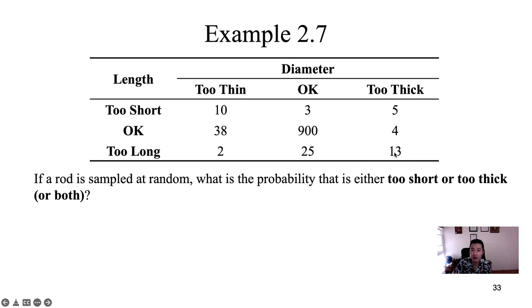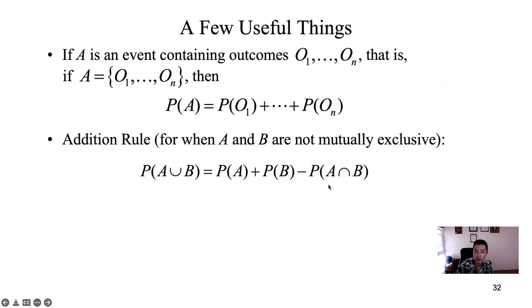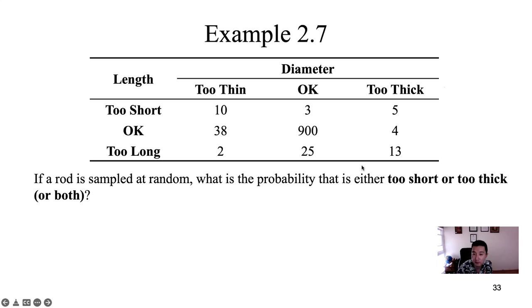And we can see these two events have an intersection. When this 5 occurs, both the event too short and the event too thick occur. So if we want to use the equation from the previous slide, we need to subtract the intersection of these two events, which is 5 over 1,000.